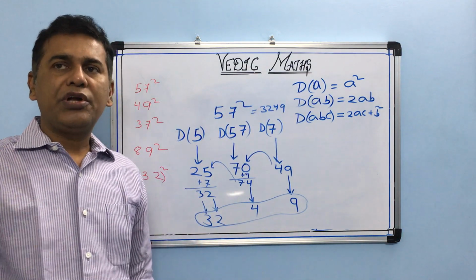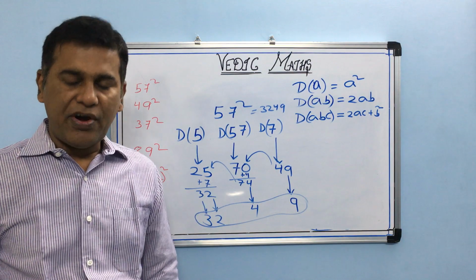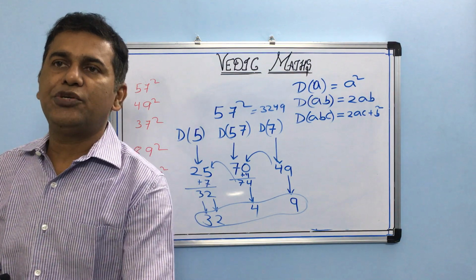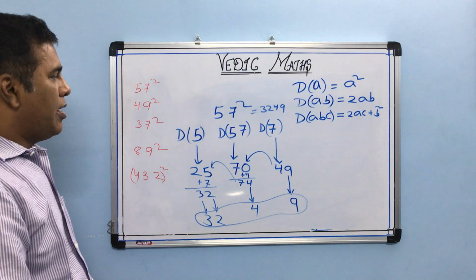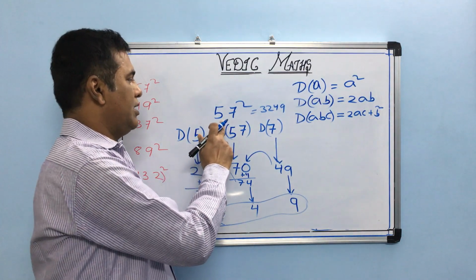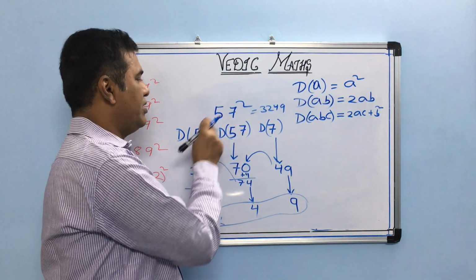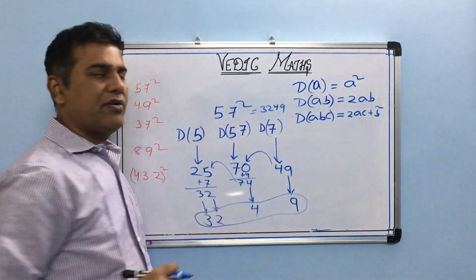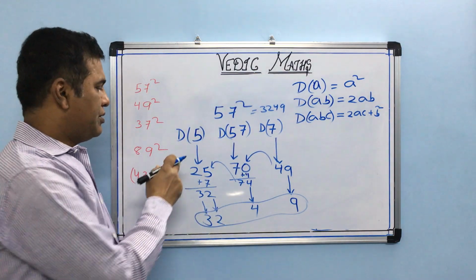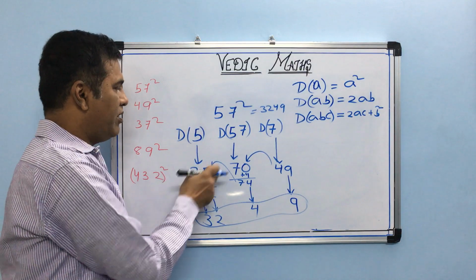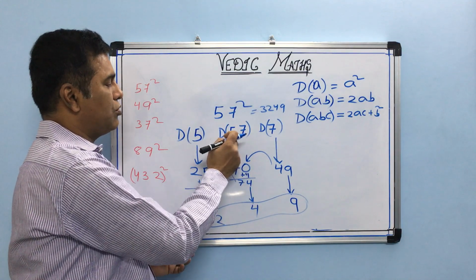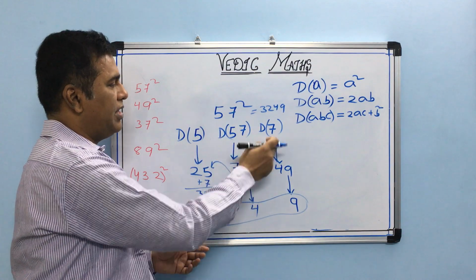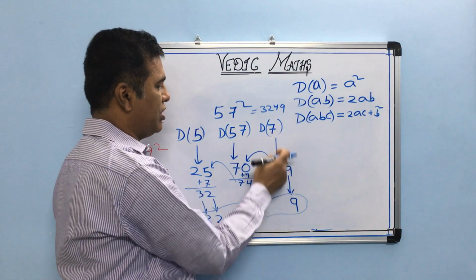When you do it, hardly it will take 5 to 6 seconds maximum. So what I am doing: I divide the number into 3 parts, 5, then 57, then 7. Duplex of 5 is 5 square, that is 25. Duplex of 57 means 5 into 7 into 2, so 2 into 5 is 10, into 7 is 70, and duplex of 7 is 7 square, that is 49.